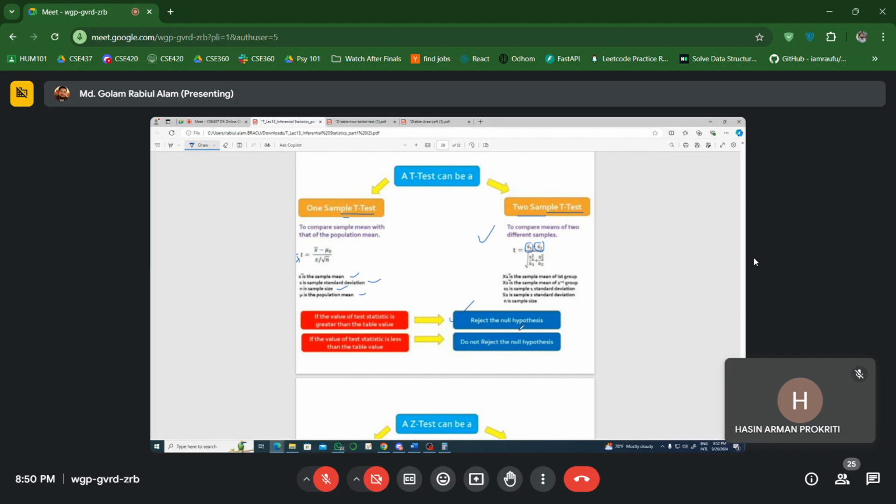When do we have to reject the null hypothesis? If we compare our test statistic, and the statistic is greater than the table value, or you can say the t score, then we have to reject the null hypothesis.